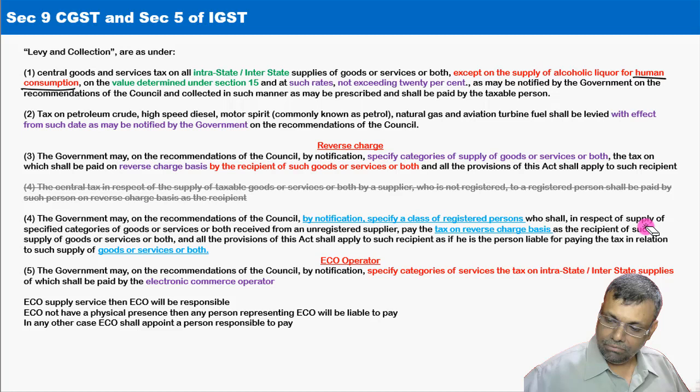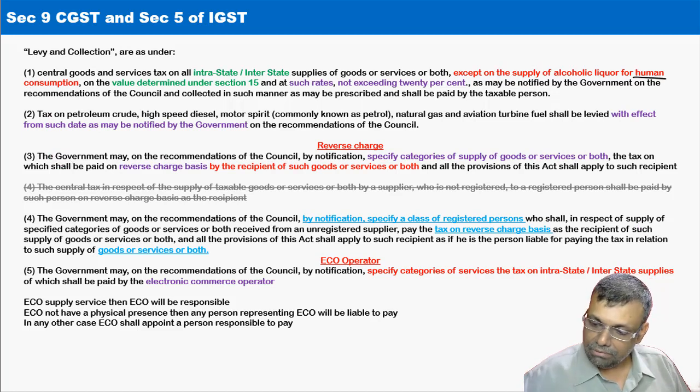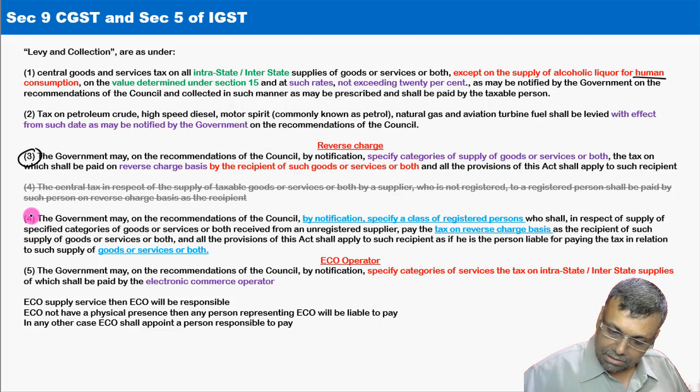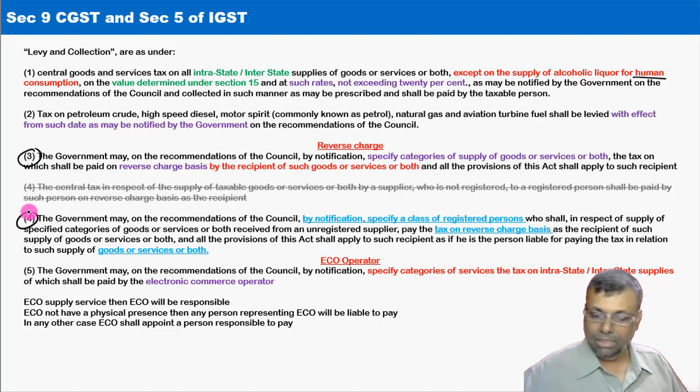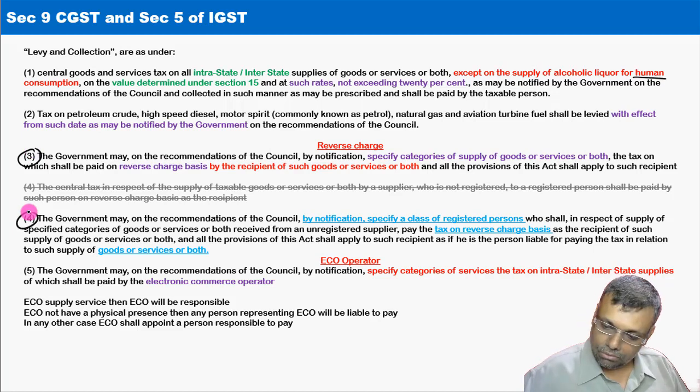Now first of all, let me explain the hardcore basic things about the reverse charge. See friends, in the reverse charge, this subclause 3 and this subclause 4, these two clauses are directly in relation to the reverse charge.